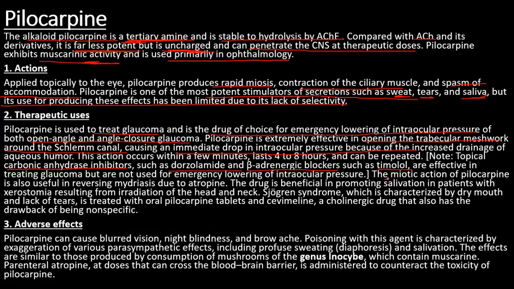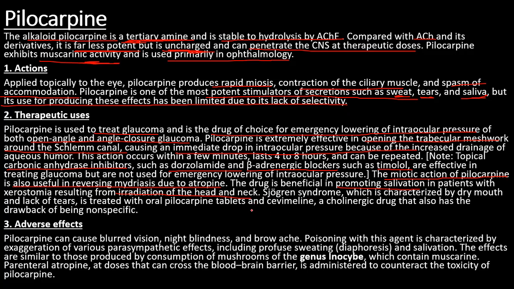Okay. Now, the miotic action of pilocarpine is useful for reversing mydriasis due to atropine. Okay, and it usually promotes salivation, so it is a sialogogue in patients with xerostomia, dry mouth, resulting from irradiation of the head and neck, and also in Sjögren syndrome.